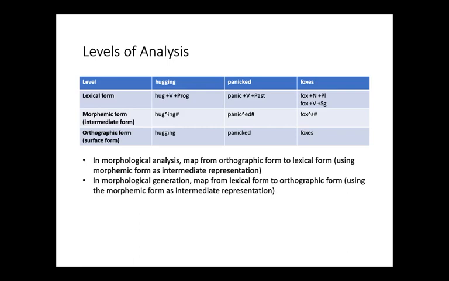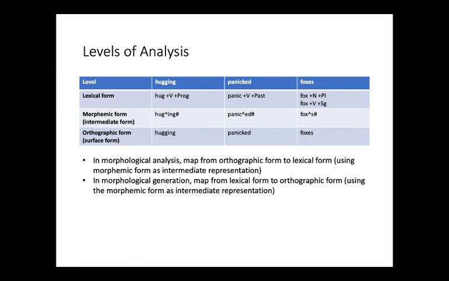So in your homework, this will be very important. We'll actually not do this exact process, which is called morphological analysis, where you go from the surface form to the lexical form, but we'll do lemmatization, where we ignore this.